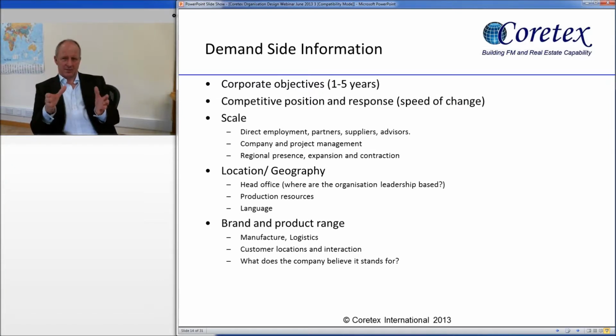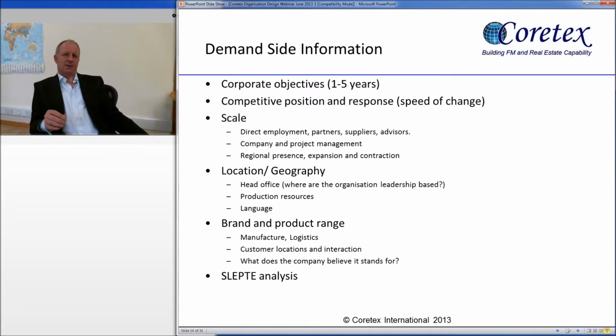And I'm sure if you've been involved with senior management in organizations, you will have already picked up the things that they want will be related to the things that they need to provide themselves and what they think is important. And that might include relationships with customers. It might include projecting a particular image.